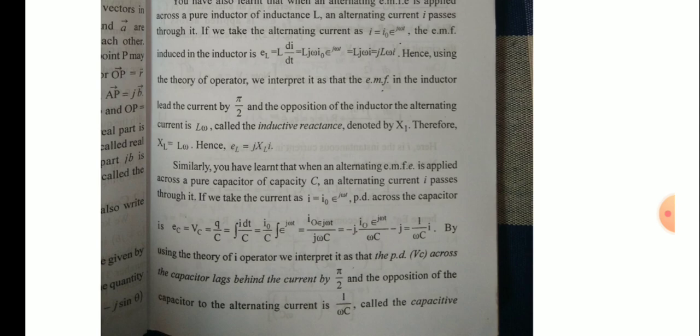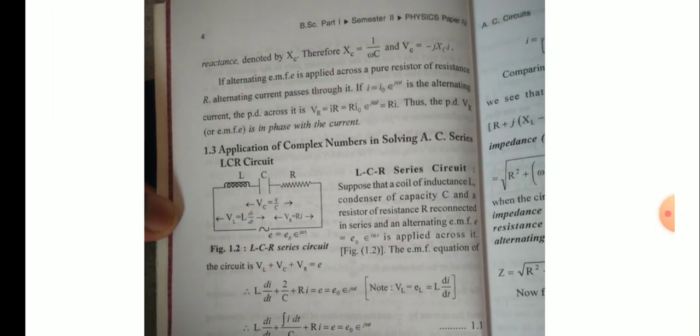This theory interprets that the potential difference across the capacitor lags behind the current by pi by 2, and the opposition to the alternating current, 1 by omega C, is called the capacitive reactance, denoted by XC = 1 by omega C, and VC = minus j XC I. That is the application to the AC circuit in series form, which is shown in this figure.